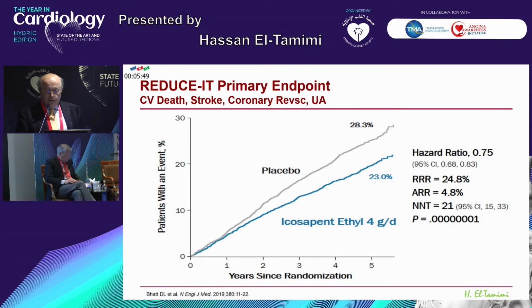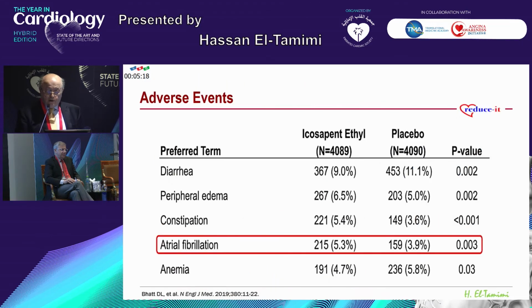Until recently, the REDUCE-IT trial, which used a high dose of omega-3 equivalent, ethyl 4 grams, in patients who were already using statin, and there was a significant impact on those patients who received the treatment over 5 years, with a very high p-value and a very good relative risk reduction.